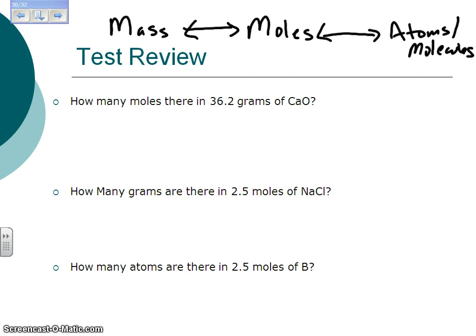Okay, and we know the tools we need at each step. Between mass and moles, we need the molar mass. Between moles and atoms, we need Avogadro's number, 6.02 times 10 to the 23rd.